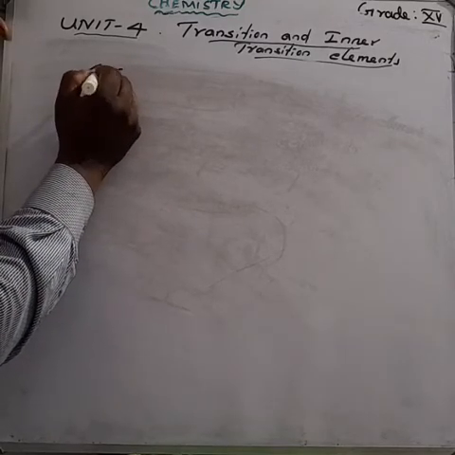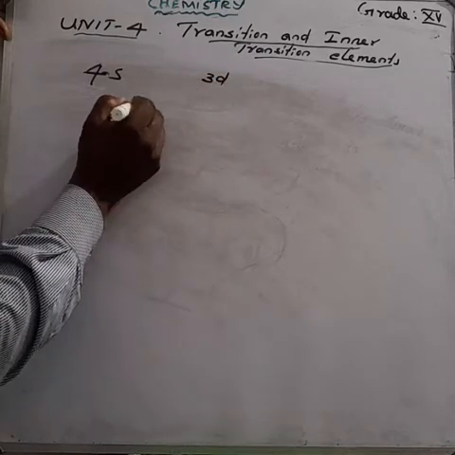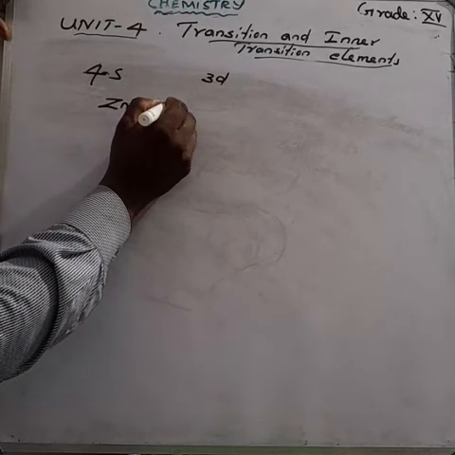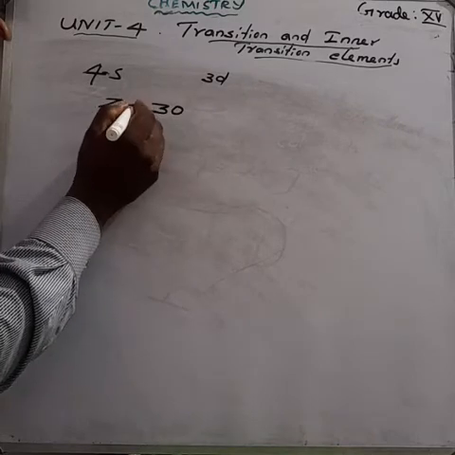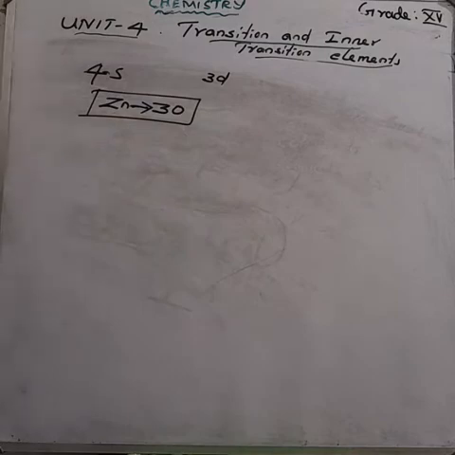For example, if you are writing for zinc, what is the atomic number of zinc? The symbol is Zn. Atomic number is 30. So here, first fill the 4s orbital before the 3d orbital. The filling of the 3d orbital starts from scandium, atomic number 21.